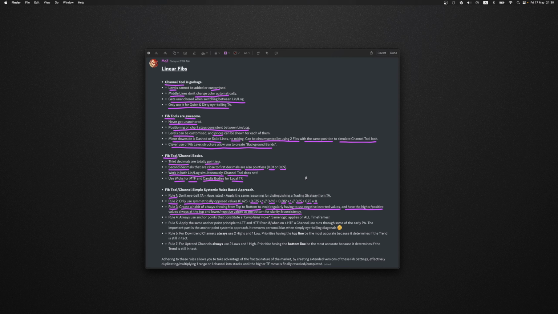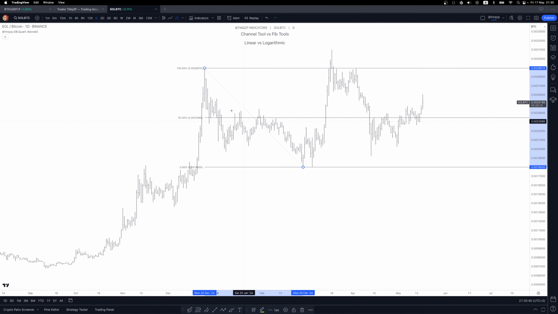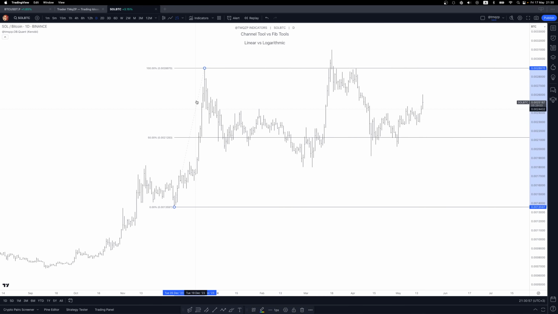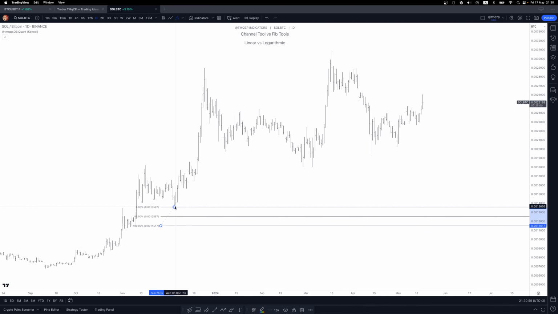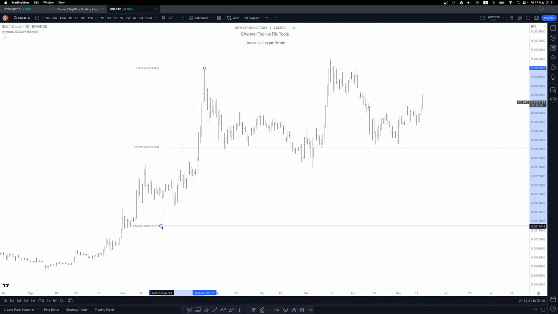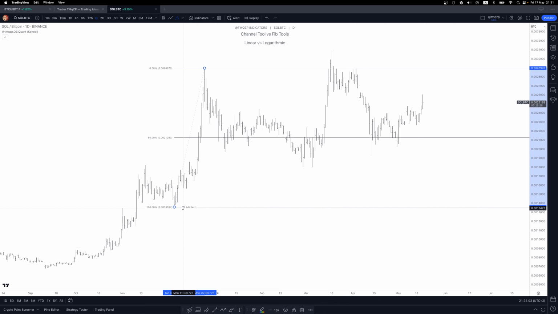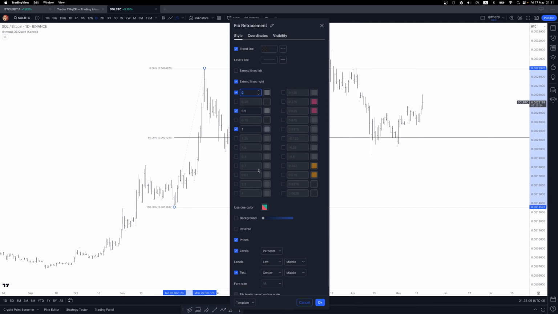So I don't have to draw this in one direction when I'm looking at an uptrend and draw this in the other direction when it's a downtrend. If this is an uptrend and I draw it from top to bottom, I don't know how you guys do it, or it's the other way around. I don't care, I could do it this way too. But if I then go into the settings, I have to remember that it's actually upside down.